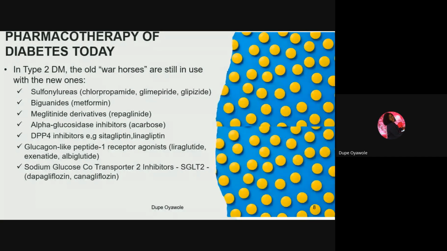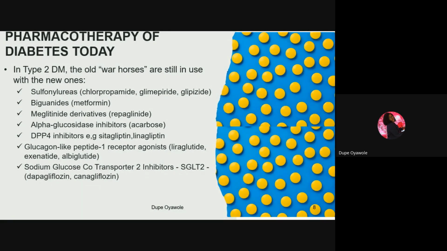We also have another one, Victoza. That's the one the physician mentioned, that sometimes you use once a week, a bit on the high cost side, but most times the executives prefer to use it because of the frequency of use.